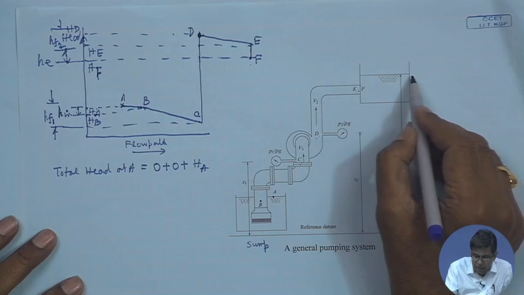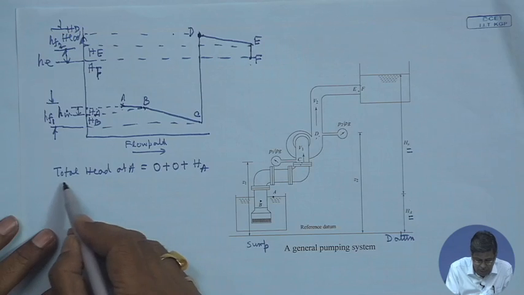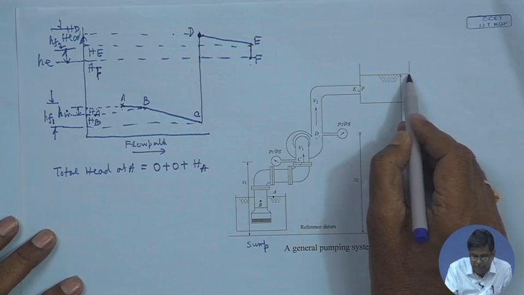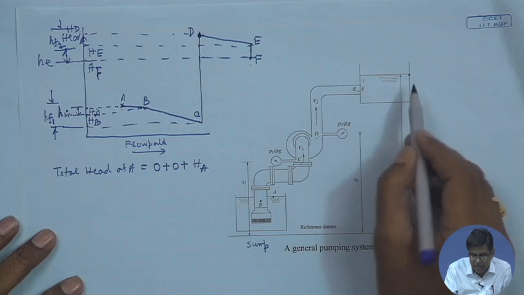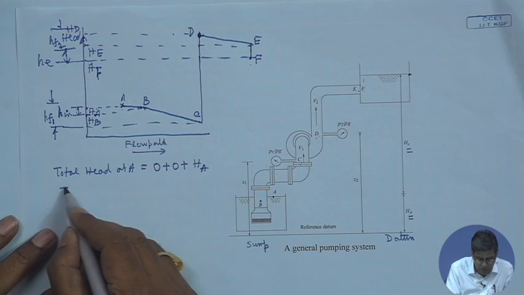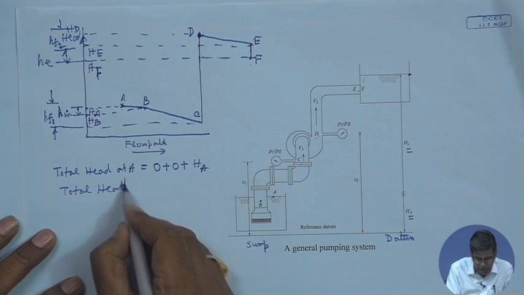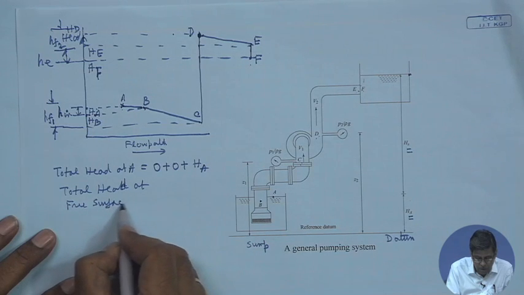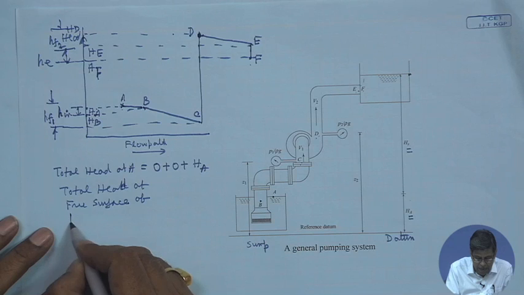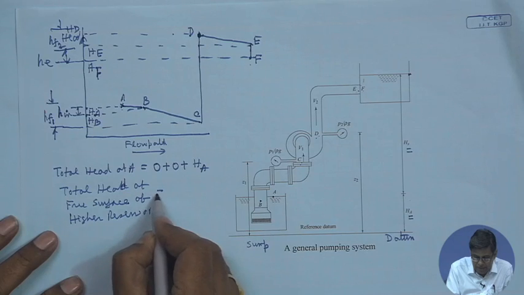Now, if I write the total head at the free surface of the higher reservoir, or F, we consider F at the free surface, this height is negligible, then we can write the total head at the free surface of the higher reservoir is what?